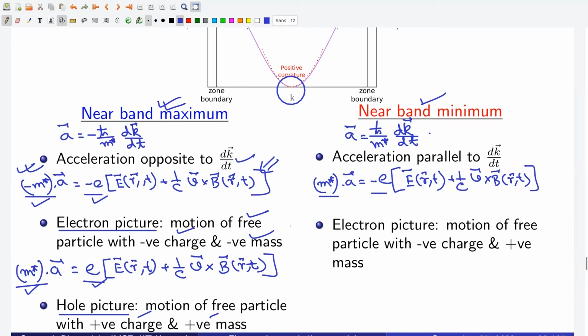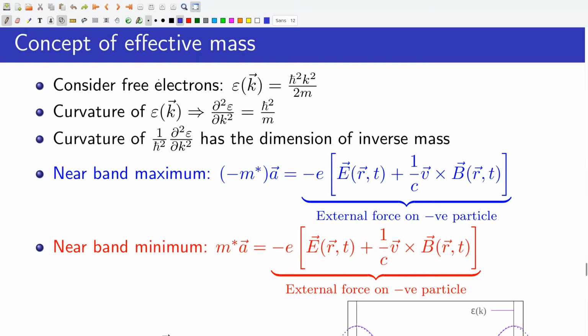Near the band maximum, we can use either the electron picture or the hole picture. However, it is more common to use the hole description near the band maximum. Now, let me formally introduce the concept of effective mass. Let us start with the energy dispersion relation of free electrons.